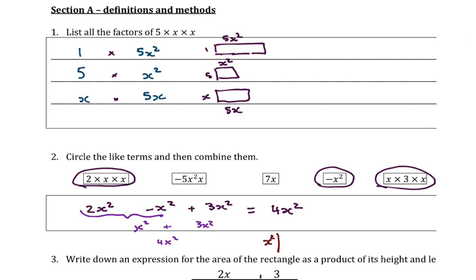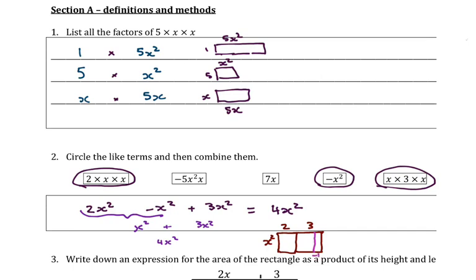Another way to think about this would be, again, with an area model. So we could draw these as 3 rectangles with the same height. The first rectangle has a height of x squared and a width of 2. The second rectangle would have a height of x squared and a width of 3, perhaps. And then for the final one, we would take off 1 from the width, because it's a negative x squared.